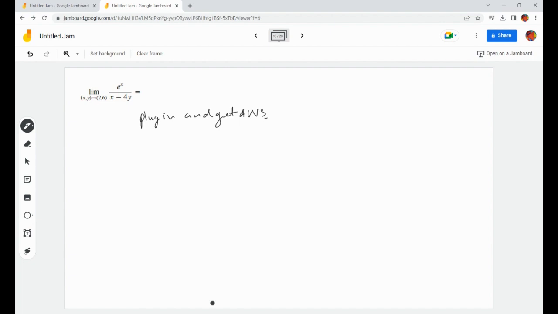To be fair, there are some properties I'm looking at that look a little bit more complicated. So, let me see. That's the wrong one. That should be just plug in and get the answer, if I remember correctly.